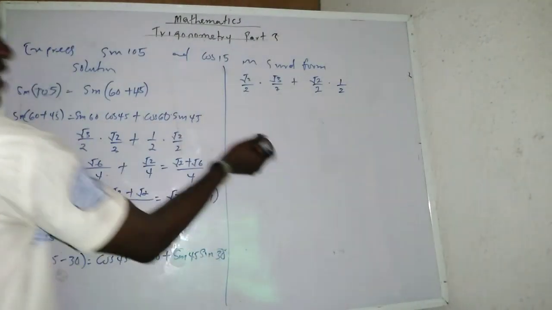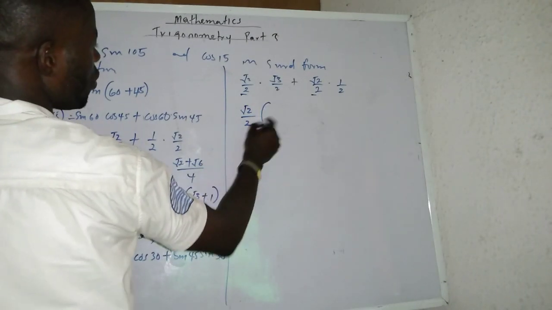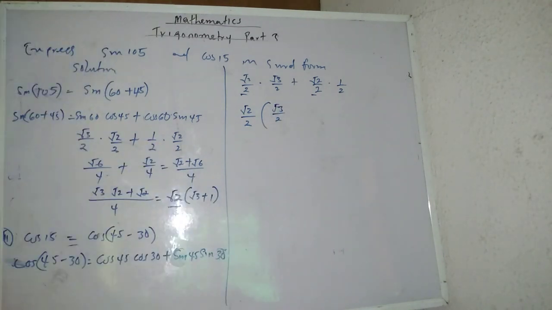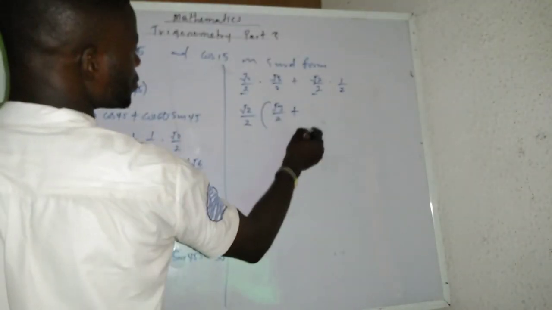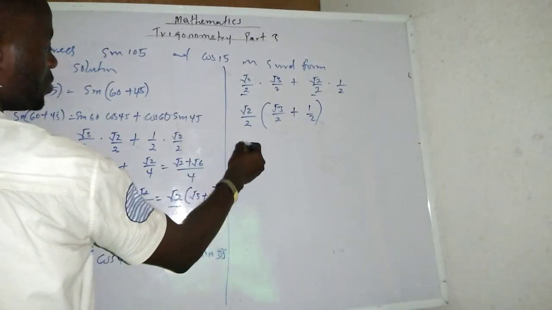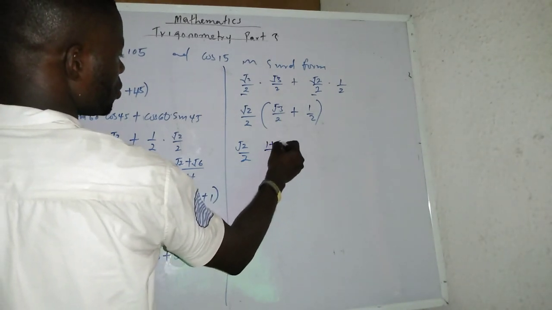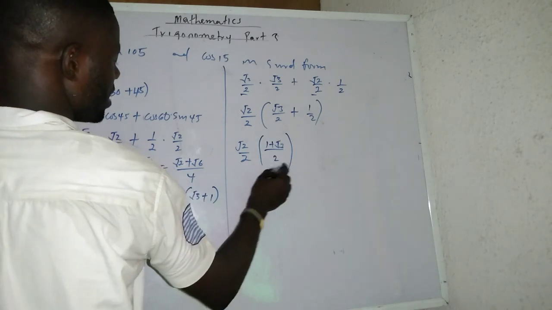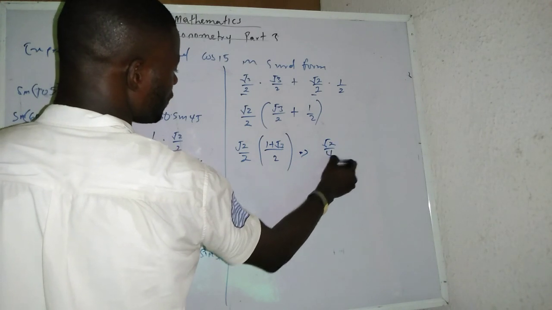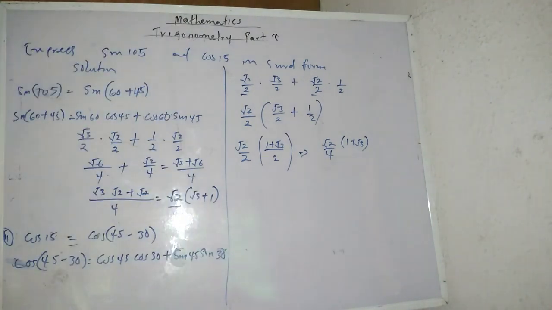Now, this one is plus, I consider root 2 all over 2 bracket of root 3 all over 2, plus 1 all over 2. Which implies root 2 all over 4 bracket of 1 plus root 3. That is my final answer.